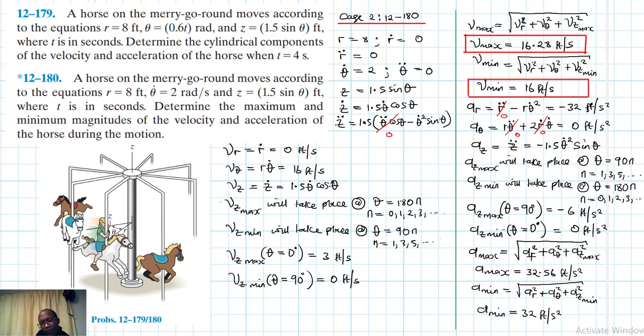And then for the acceleration, we do have the maximum values there. There we go. Right, there we go. And then the minimum value for our acceleration, there we go.